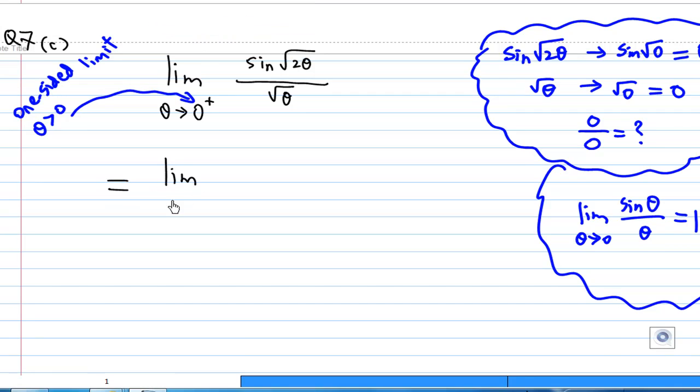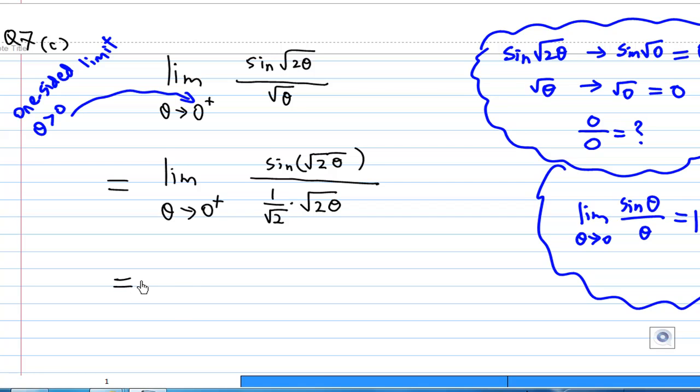This is the same as the limit as theta goes to 0 plus of sine of square root 2 theta. I'm going to make the adjustment so that I have square root 2 theta in the denominator. However, this is not the same as the original expression, so I must be able to cancel away the square root 2. So I multiply by 1 over square root 2.